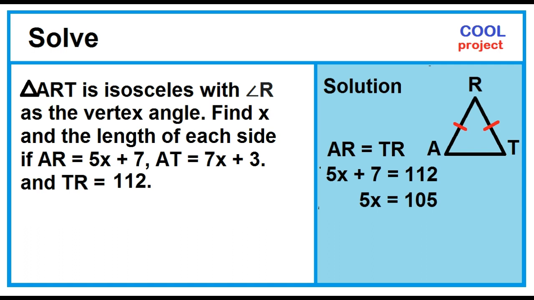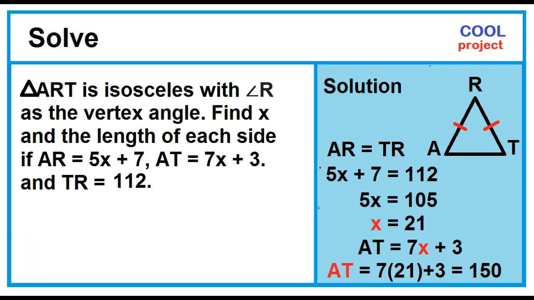Divide both sides by 5. The result is x is equal to 21. AT is equal to 7x plus 3. Substitute 21 for x. AT is equal to 150.